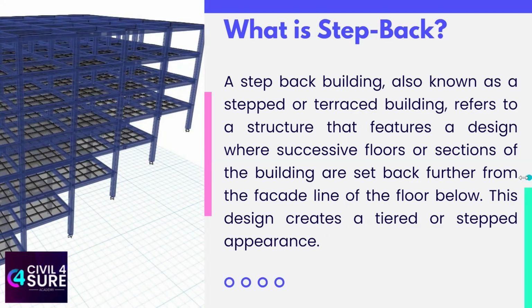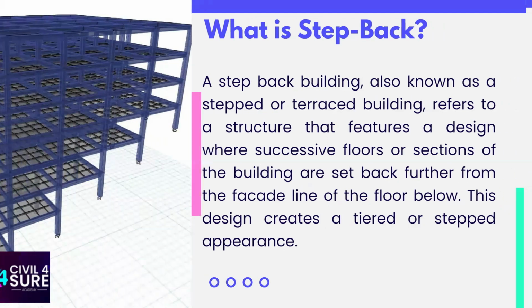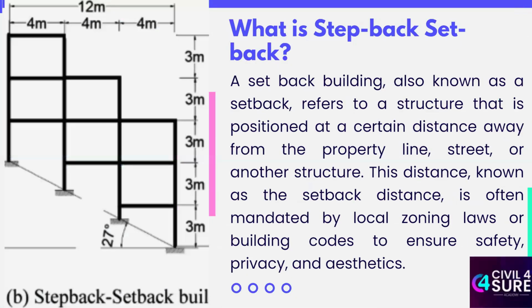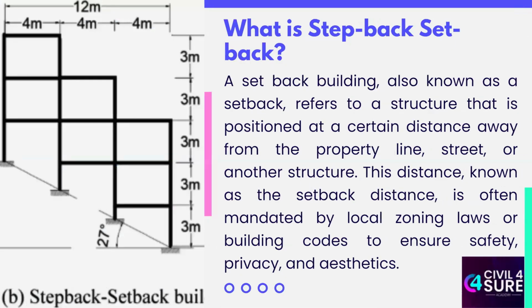Now, when we study step back buildings, there is another concept, which is the step back setback building. These buildings are step back, but they also have a setback. Setback means the floor or component is set back a bit from the front facade line.